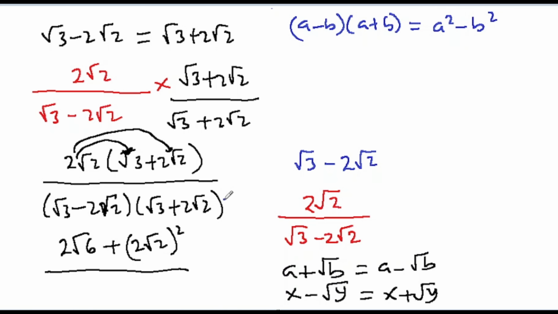Our denominator is root 3 minus 2 root 2 times root 3 plus 2 root 2, so our a here is root 3 and our b is 2 root 2.